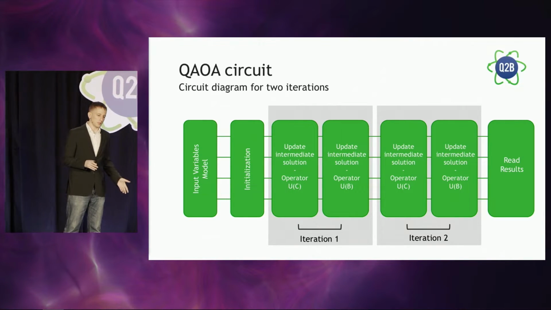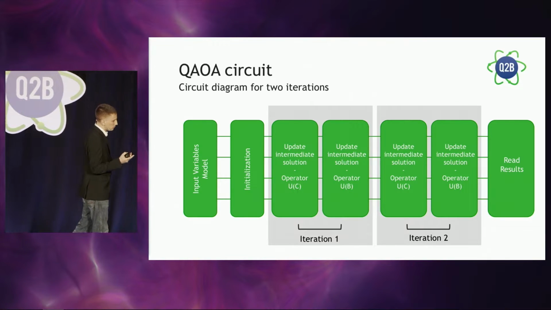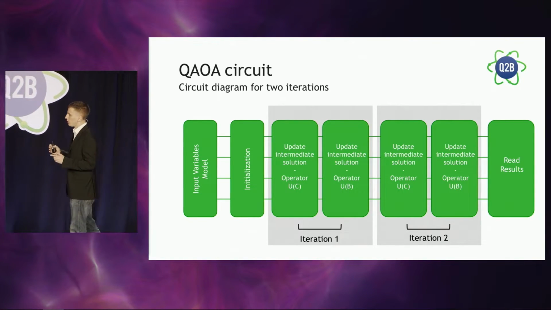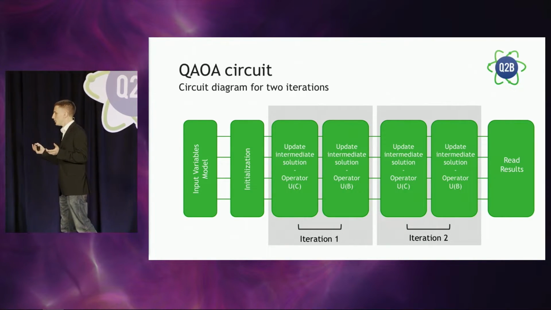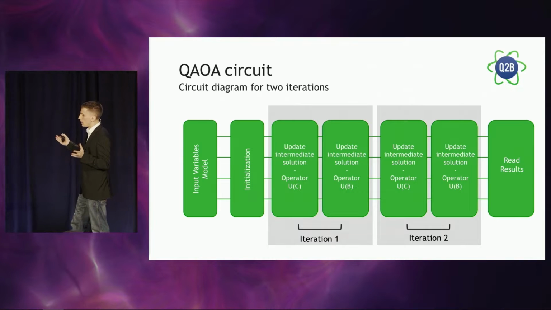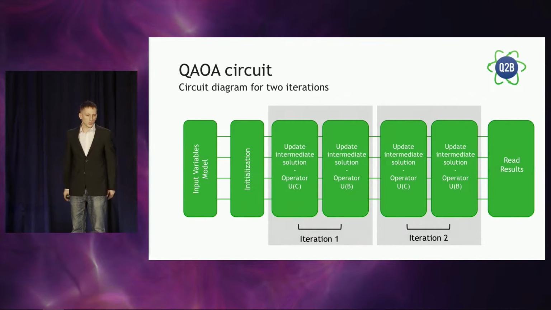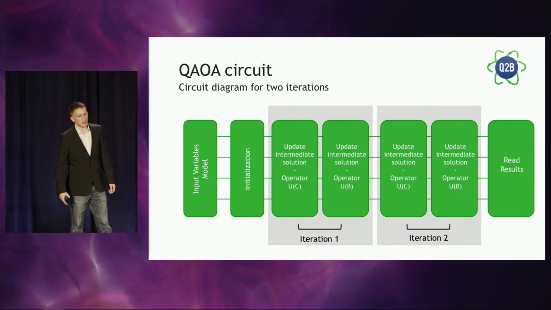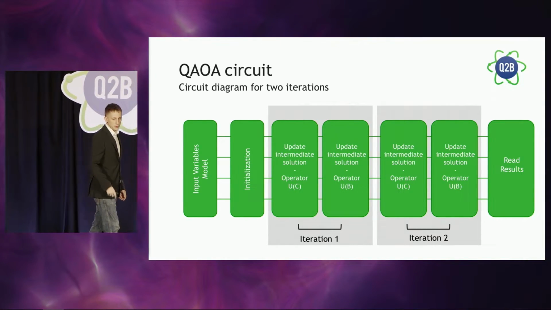We have the qubits on the left side that start in the 0 state. What we do in the initialization process is create an equal superposition of all possible states for those qubits. So we generate a quantum state in which the probability for all possible bit string solutions is the same. Then we proceed with updating the intermediate solutions with the operators UC and UB.